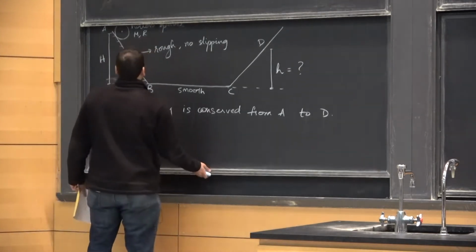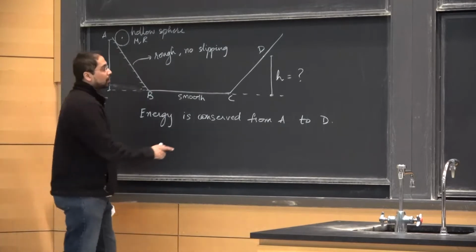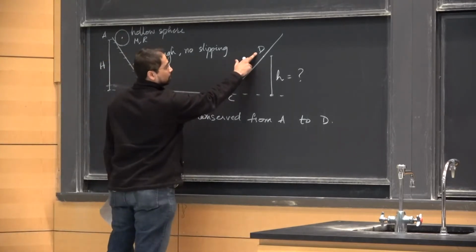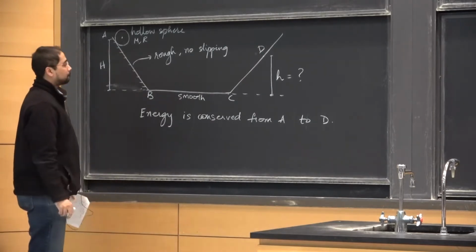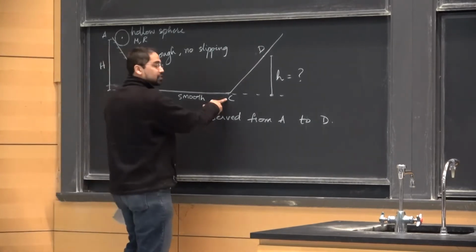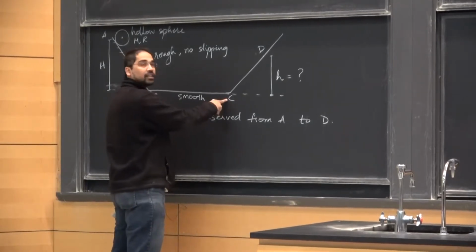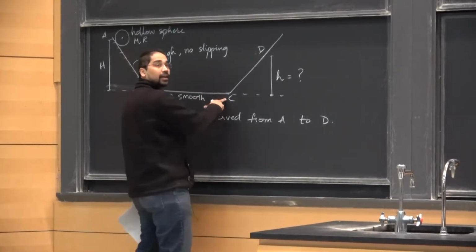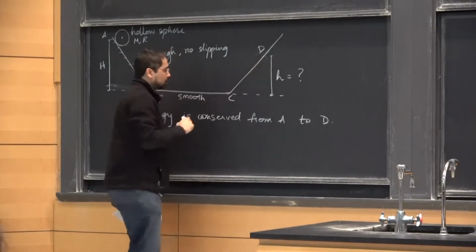All right. So to see how high it goes on the path CD, I want to be able to calculate how fast it is moving at point C, right? If I know how fast it's moving at C, then by energy conservation I can calculate how high it should rise up on the path CD.